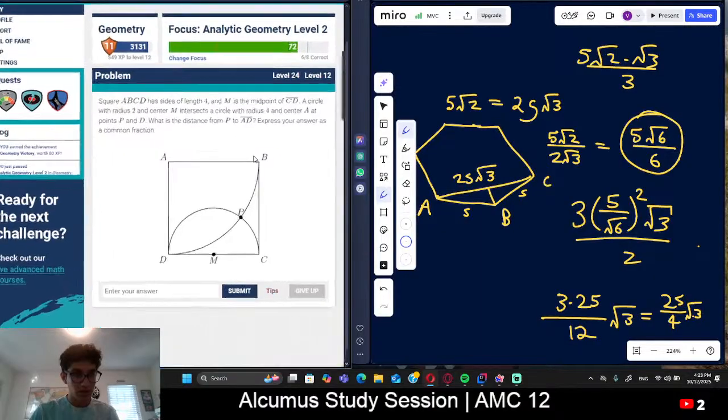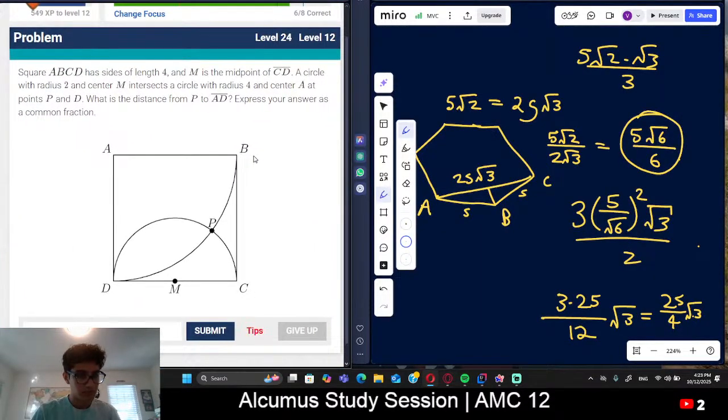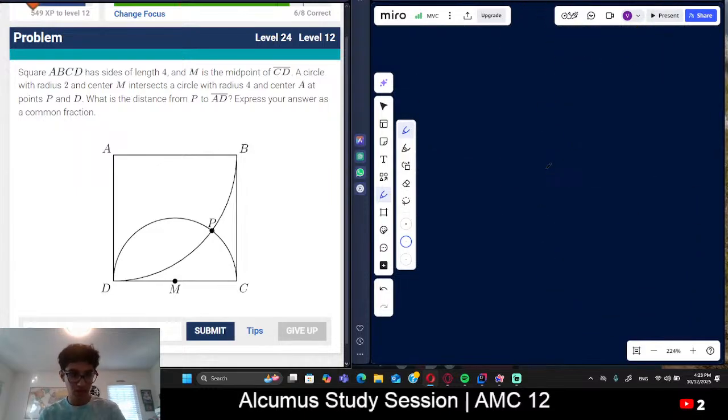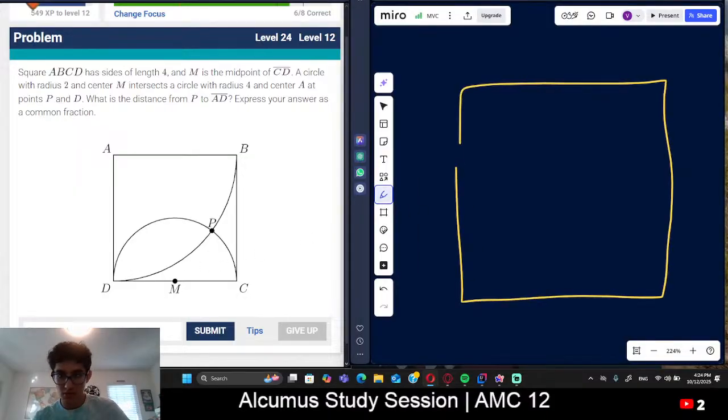Next one. What is the distance from P to AD? I think it's enough to just find the equation there, right? So if we write these, we can just find the equation, and I think dB is, what is that? Isn't that just x squared? Like the equation of, so let's draw it out a little bit here.